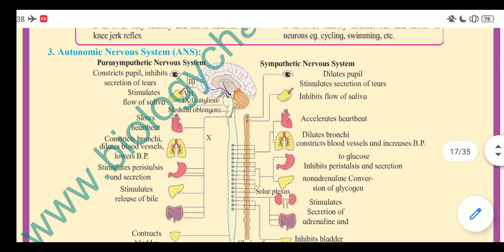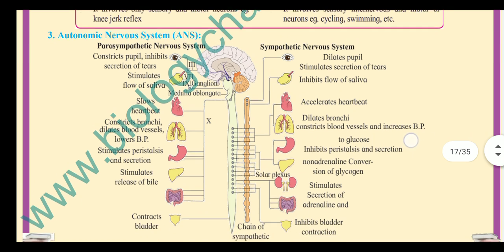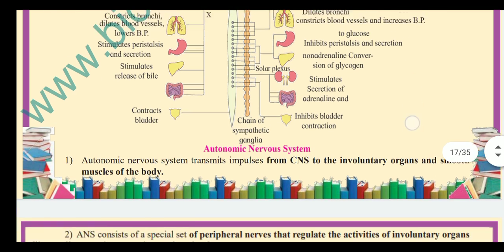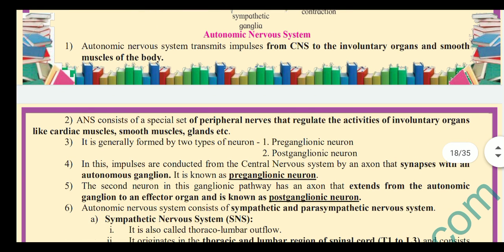Parasympathetic nervous system and sympathetic nervous system, these are the two parts of the autonomic nervous system, which transmits impulses from the central nervous system to the involuntary organs and smooth muscles of the body.